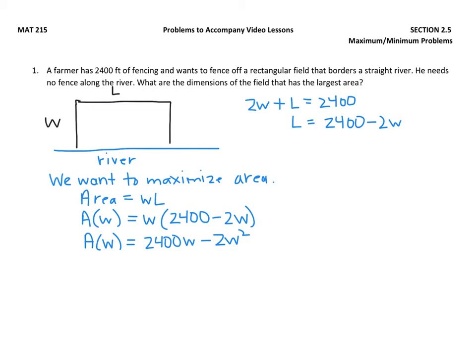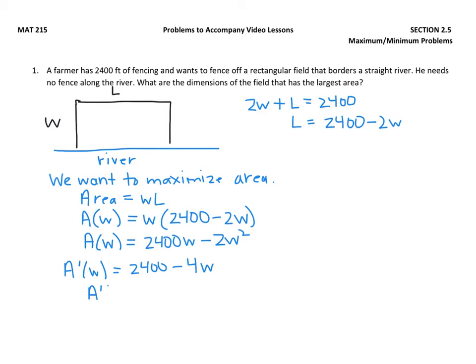Now this is the function that we want to maximize. We want to find the maximum of this. Maximums occur at critical values, so we need to find critical values of this function. We need to take the derivative. The derivative of this function is going to be 2,400 minus 4W. Now we need to set the derivative to 0 to find critical values.